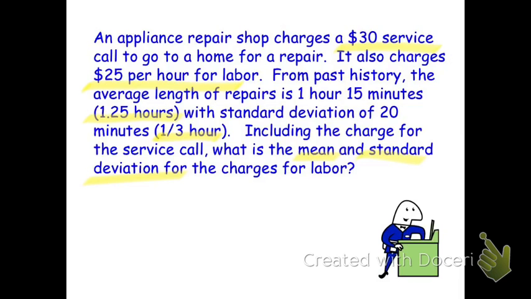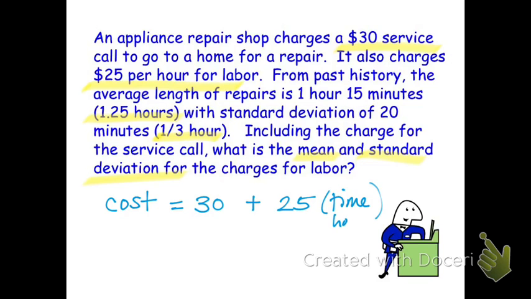So the first thing you have to do is create an equation. I want to figure out what is the total cost. It's $30 plus $25 per hour. Or you could say times time if you wanted.